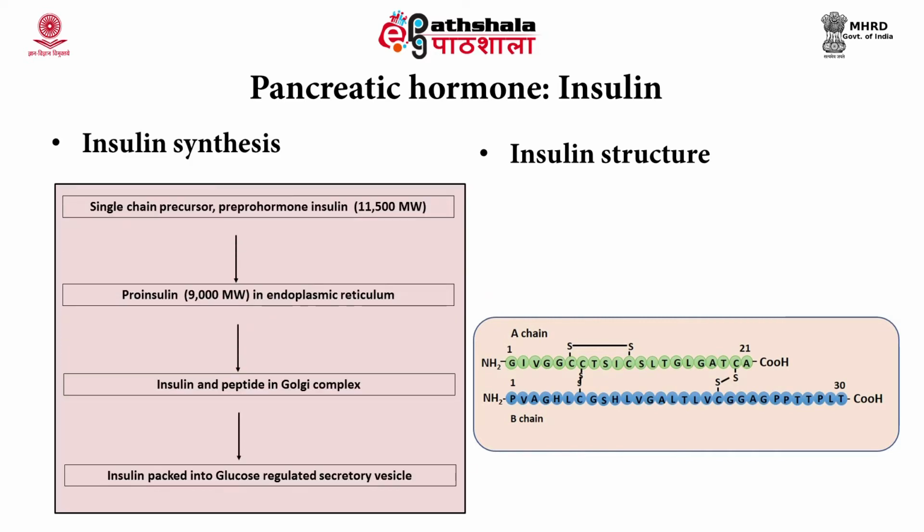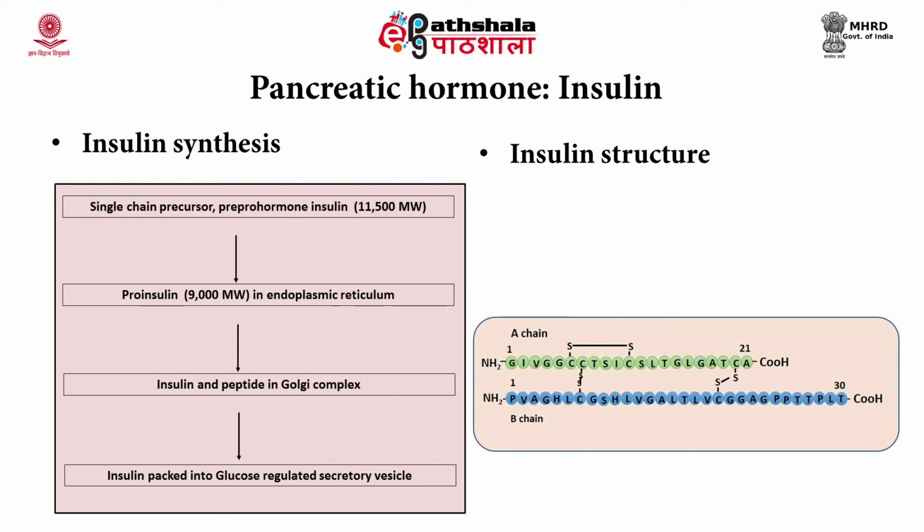Insulin is synthesized as a single chain precursor, pre-pro hormone insulin, in the endoplasmic reticulum of the beta cell. This pre-pro hormone insulin is cleaved inside the endoplasmic reticulum into proinsulin. This proteolytic activity is coupled with trafficking between the cellular compartments. Now proinsulin is transported to the Golgi complex, where it is further cleaved into insulin and a peptide fragment.